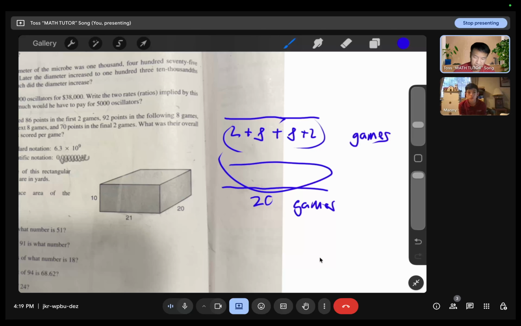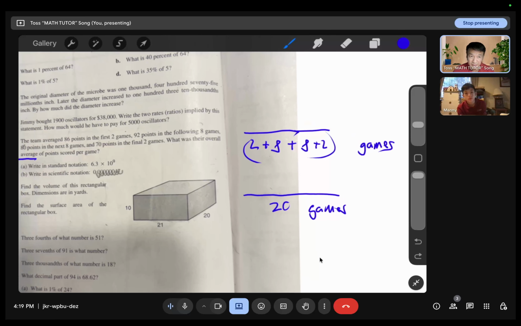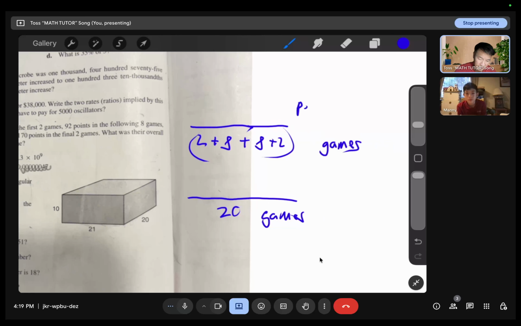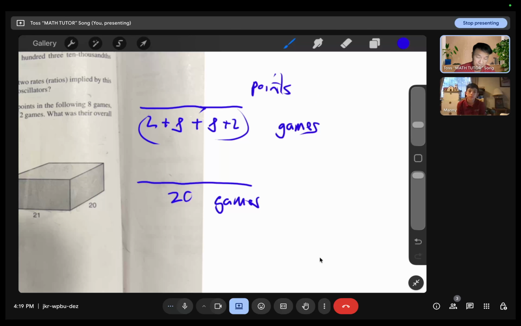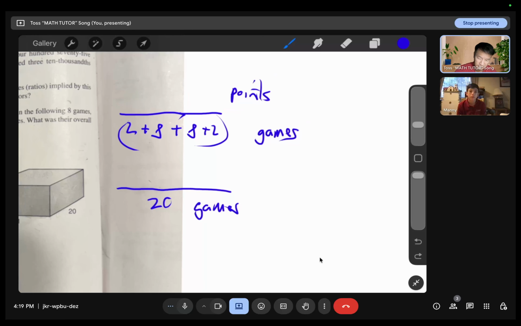But the numerator will be the points, right? That means you will need the numerator divided by the denominator, and then you'll get your points per game. Do you see that? You can make the unit rate out of it by dividing, right? But the numerator is going to be something you need to get right.